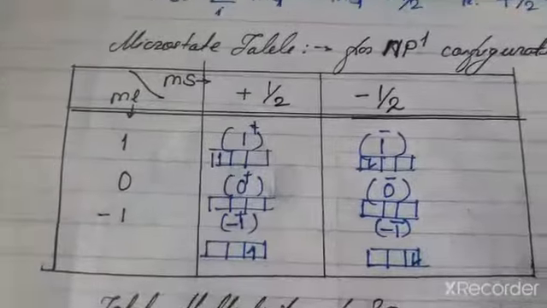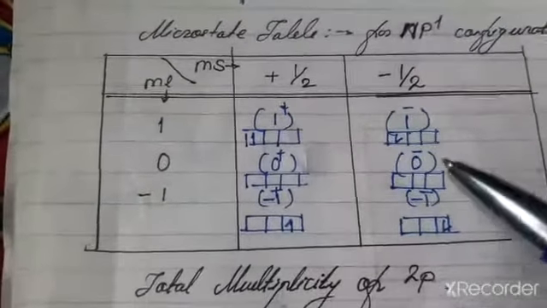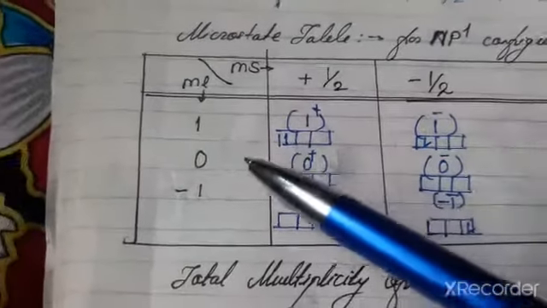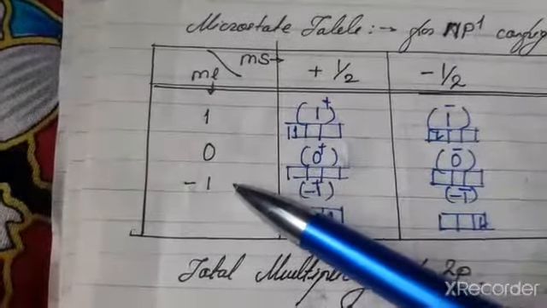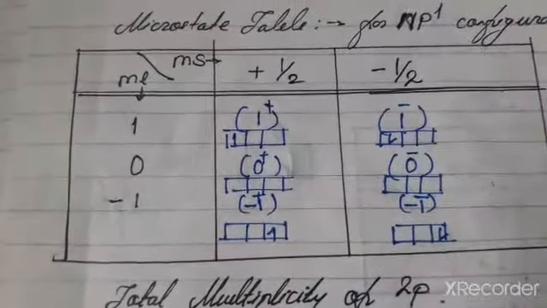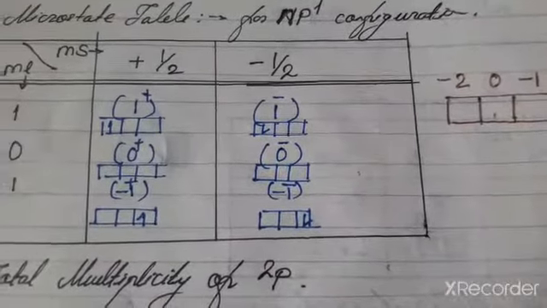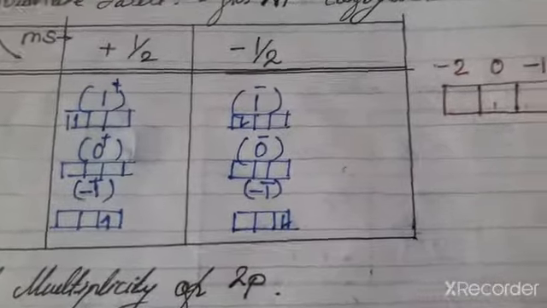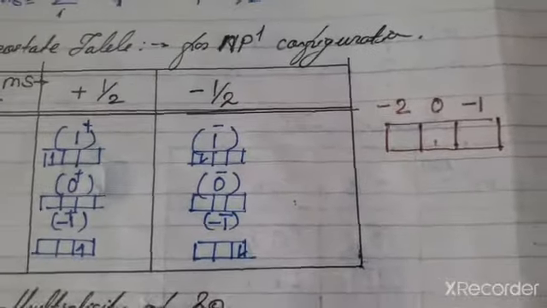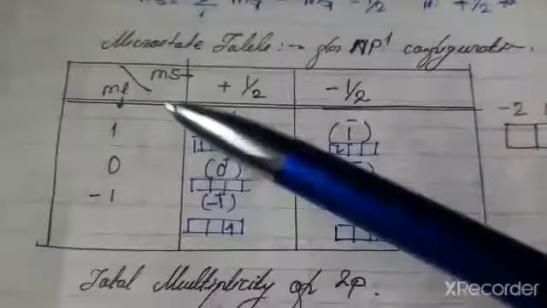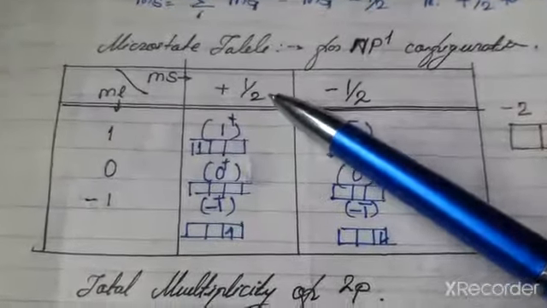The range of ms is plus 1/2 to minus 1/2 and ml is 1, 0 and minus 1. Now put that one electron in the p orbital, which gives an ml value and an ms value of plus 1/2.